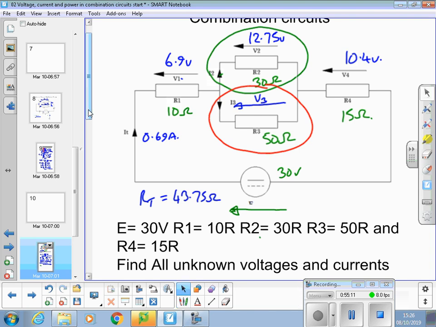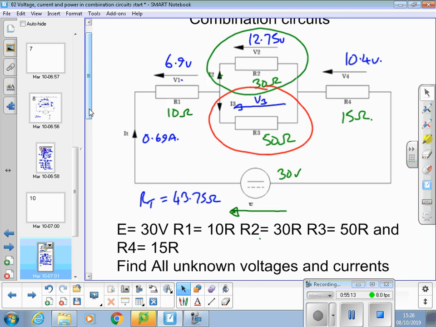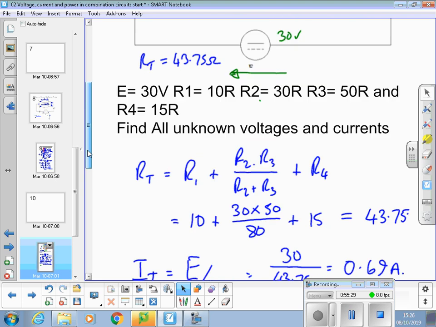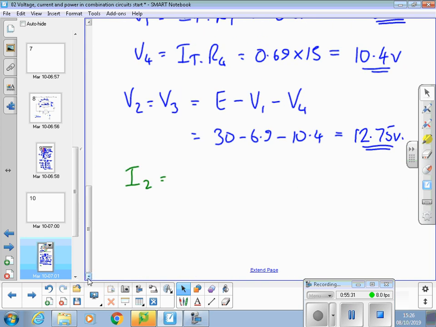So for the I2, it's going to be V2 over R2. And this is going to be V3, which is the same, over R3. I2 is V2 over R2.